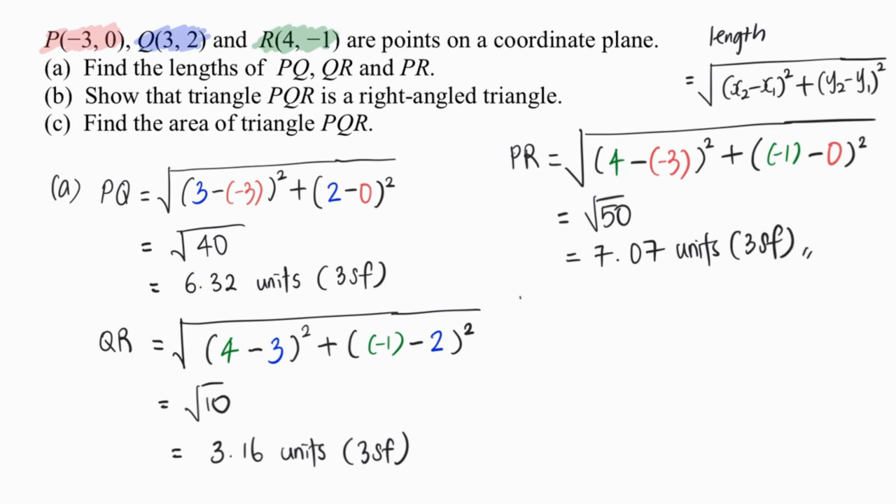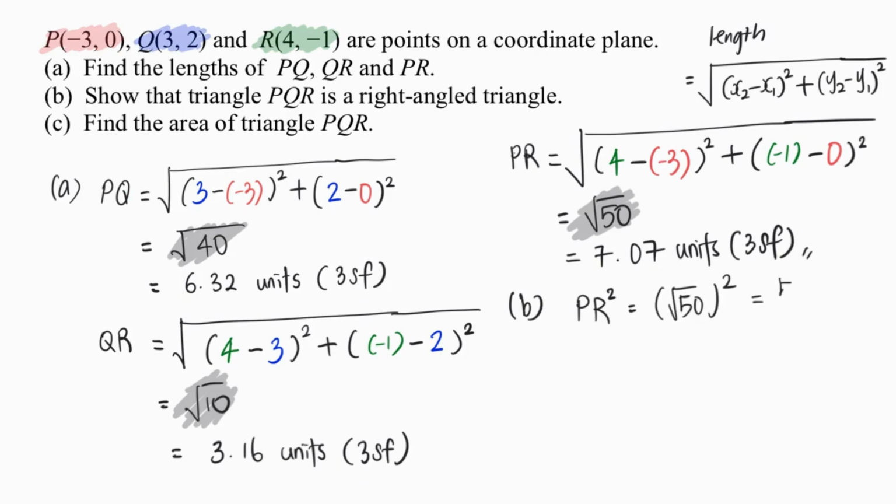Now, for part B, we do have to show that PQR is a right angle triangle. And to do that, if I look at their values, I saw that PR square is equals to square root 50 square.